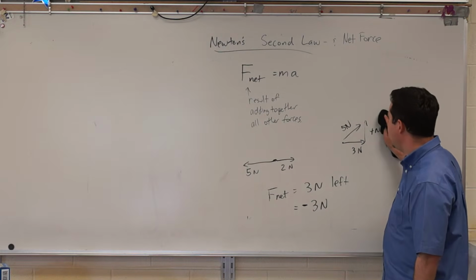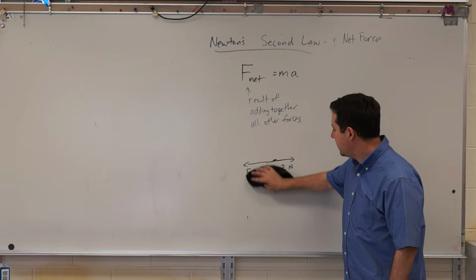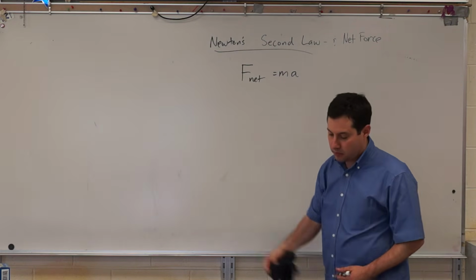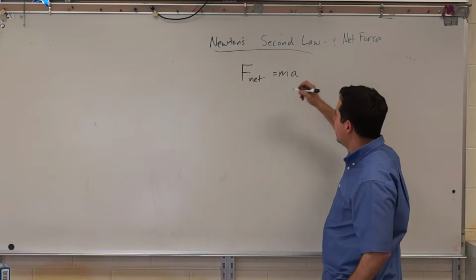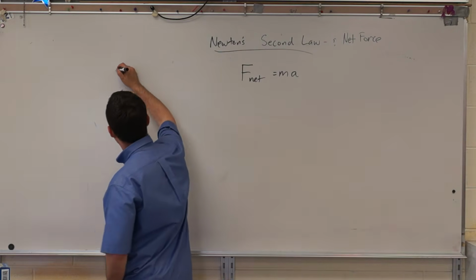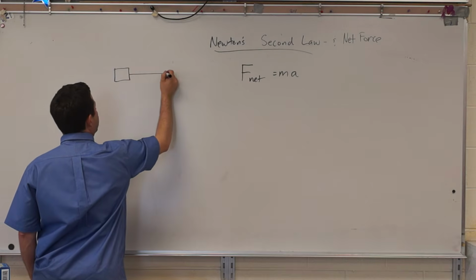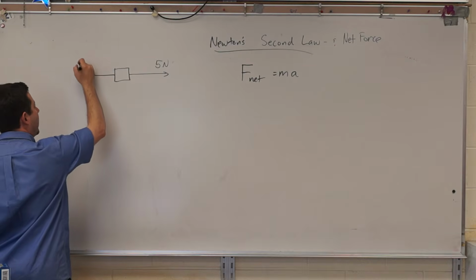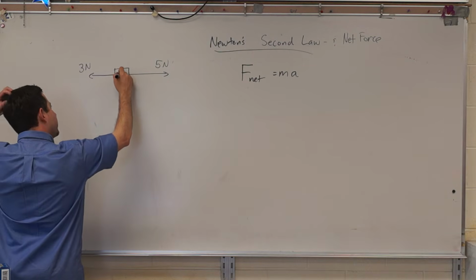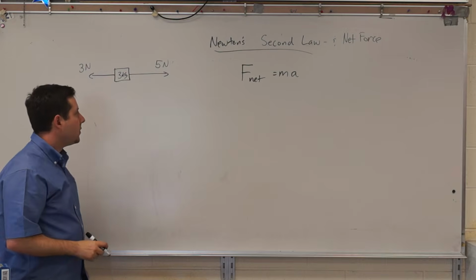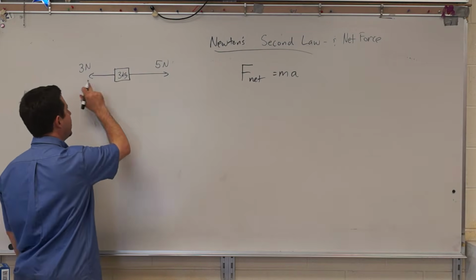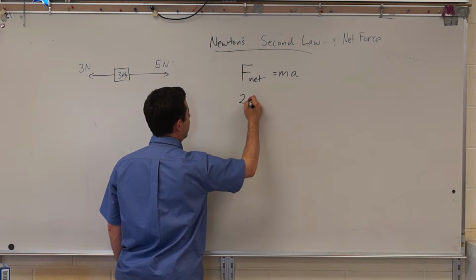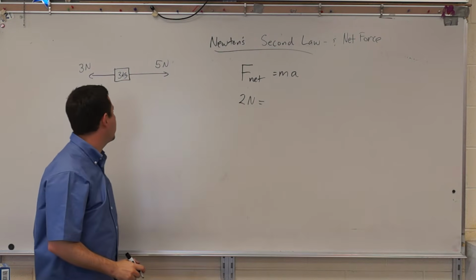Now let's look at it in terms of Newton's second law. Net force equals the mass times the acceleration. If I have an object here, I'm going to draw this, and I say that it has 5 newtons to the right, and it has 3 newtons to the left, and it is a 3 kilogram object. I look at this and I know that the net force is 5 right, 3 left, 2 to the right. So 2 newtons is the net force.